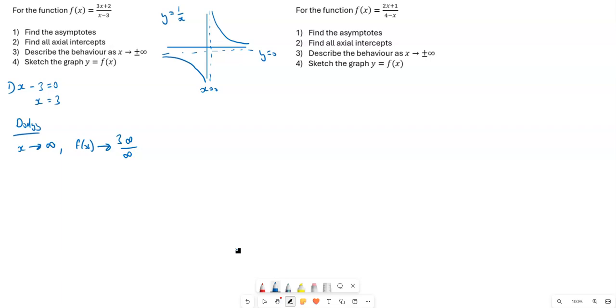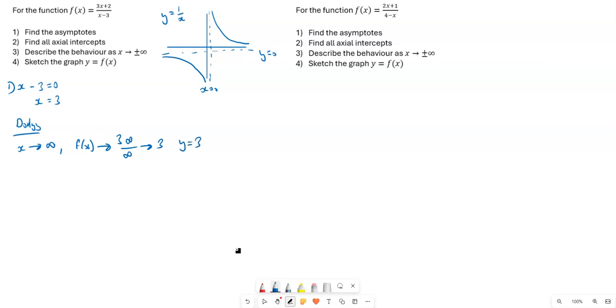What we're saying is if x was a billion and you had 3 billion plus 2, well, that's pretty much just the same as 3 billion. We don't really care about the plus 2. And likewise on the bottom, if x is a billion and we're taking away 3, that minus 3 makes almost no difference whatsoever. So we can say that this is approaching 3. So our other asymptote is going to be y equals 3.